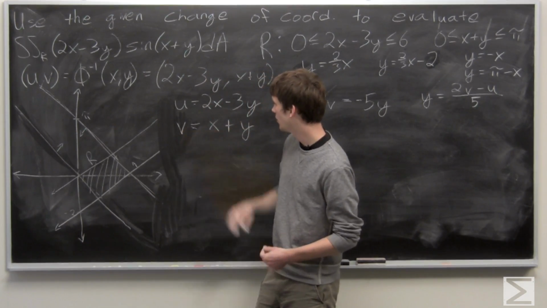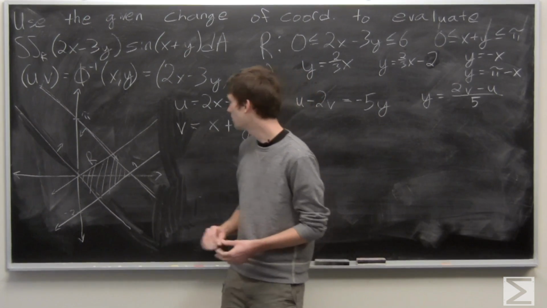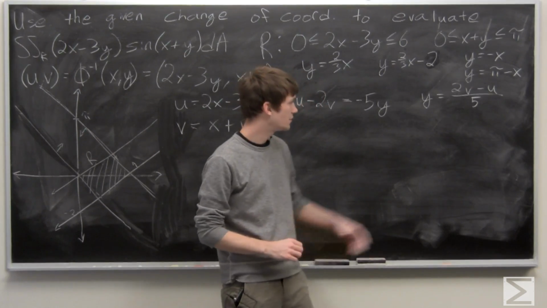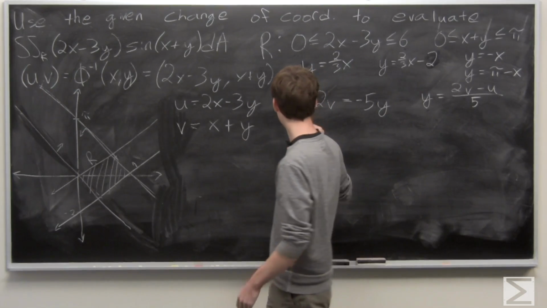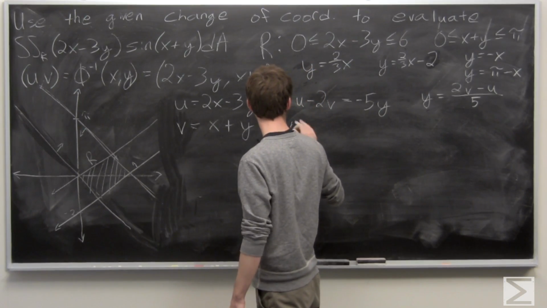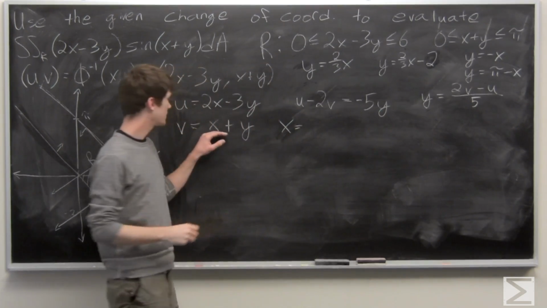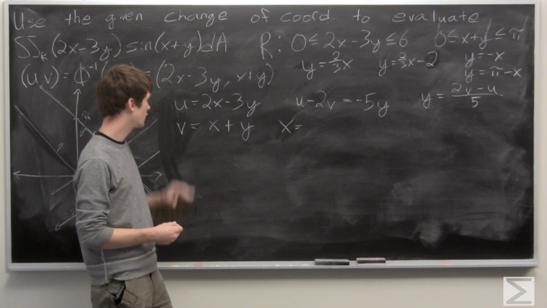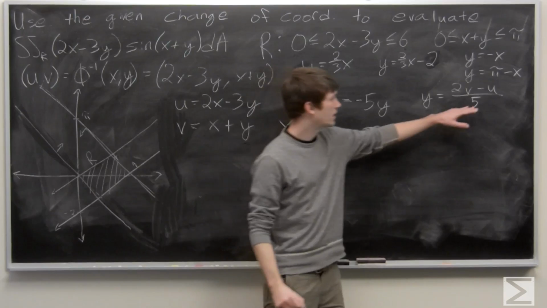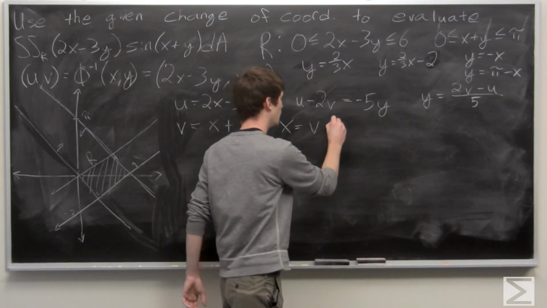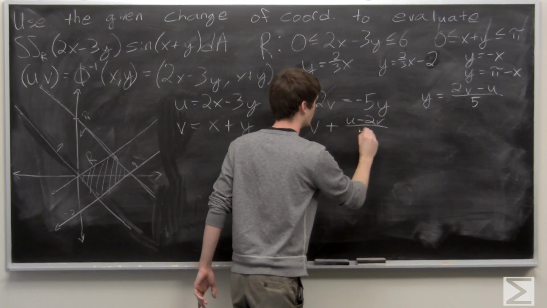And then we can solve for our x term by substituting in for y. We'll use this equation, so we have v. We'll solve for x, bringing this negative y to this side, so v minus y. And y is given here, so we'll do v plus u minus 2v over 5.